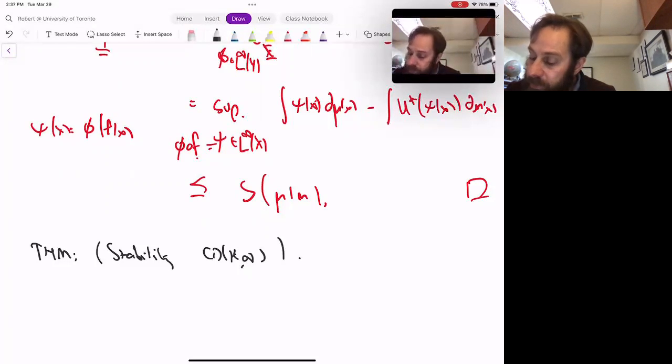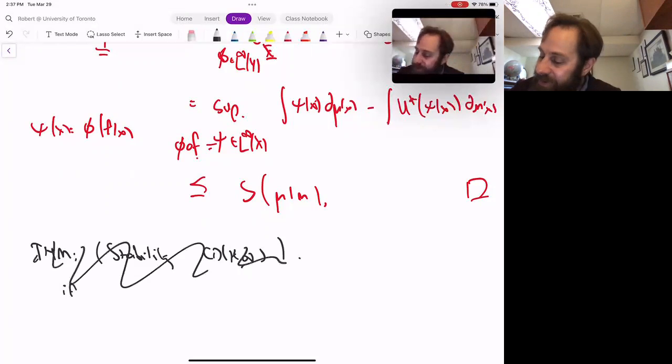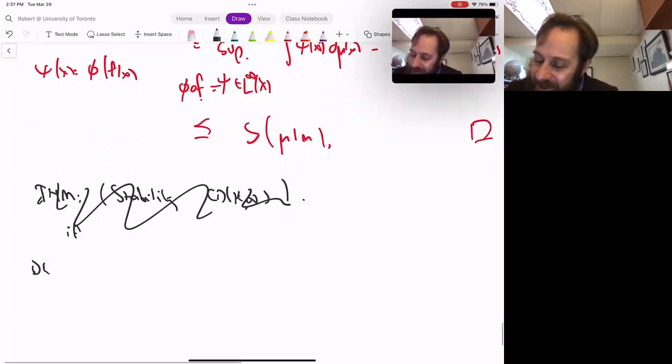So the theorem that I'm going to prove is only in compact spaces, but I'm not quite ready to say. I need a definition first. Great. So what's the definition?